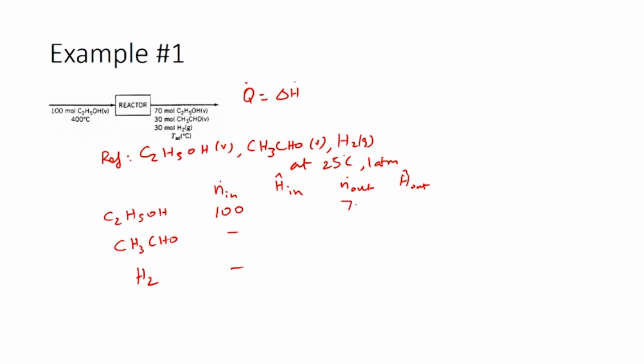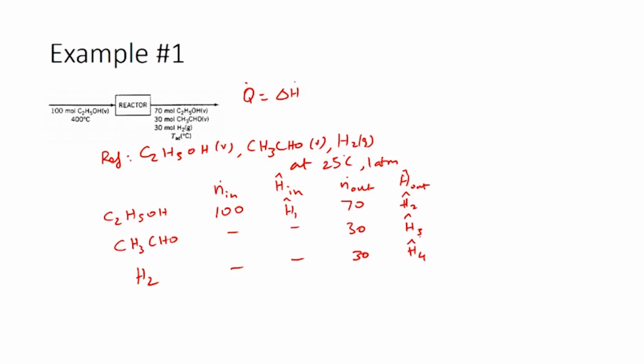You have 70 moles of ethanol leaving and 30 moles each of acetaldehyde and hydrogen leaving. We need to calculate the enthalpy for all the components because they are coming in at 400 degrees Celsius at the inlet, and at the outlet we do not know the temperature. So, obviously, we have to identify the enthalpies for all these components. We will call them H1 cap, H2 cap, H3 cap and H4 cap.